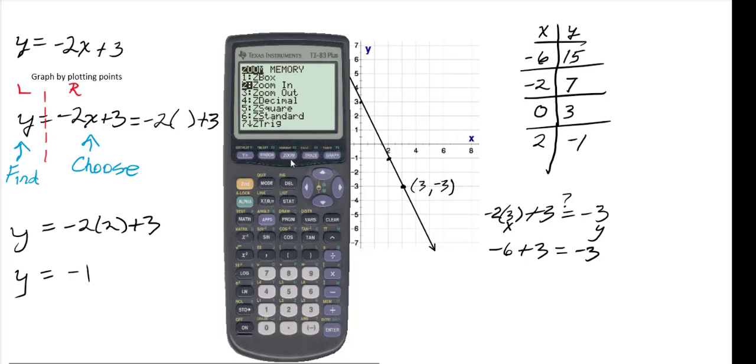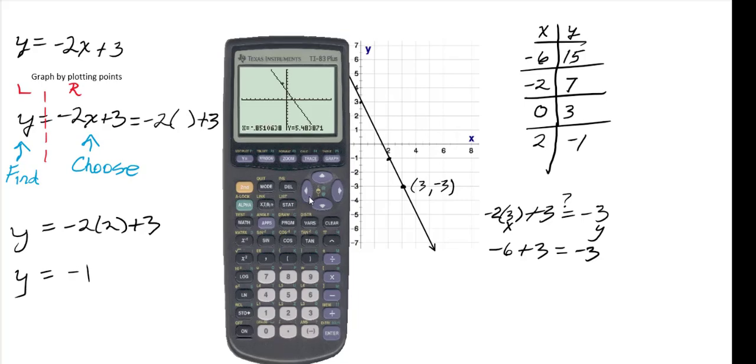I can also zoom in and zoom out. So there's a little blinking cursor, and you could use the directional pad to move it around. Select the spot you want to zoom at, say here, then press enter when you're ready to zoom in.